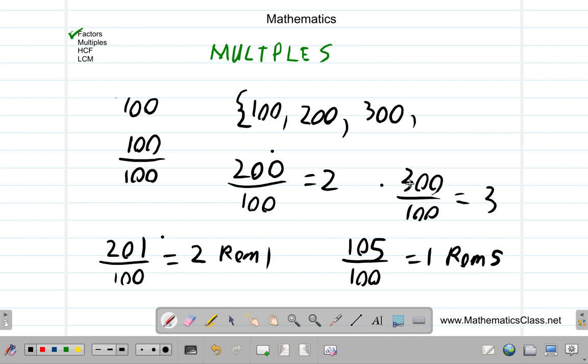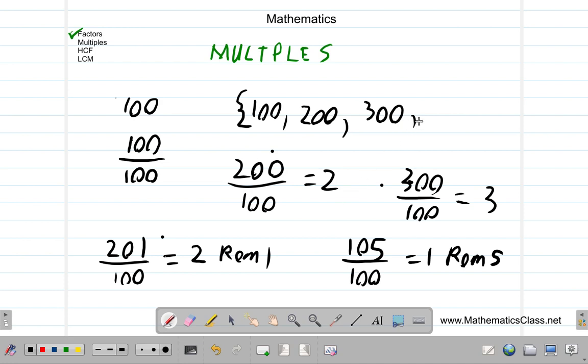You see. So multiples are those numbers, either the same number or bigger numbers, that the number can divide into without leaving a remainder.